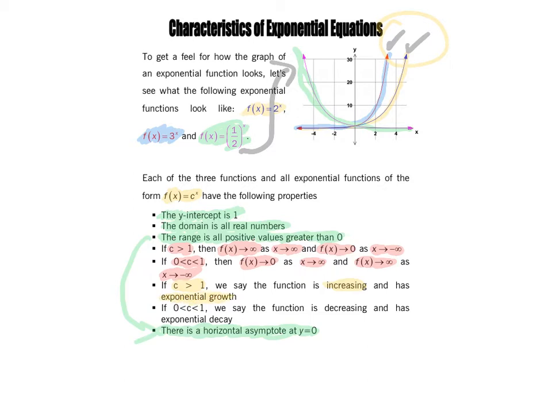However, if c is between 0 and 1, which is of course this one right here, then we say the function is decreasing and has exponential decay. Some of these properties are going to change if there are transformations, and we will look at transformations later in this unit. We did a whole unit on transformations, so it shouldn't be a huge deal, but just giving you a heads up.